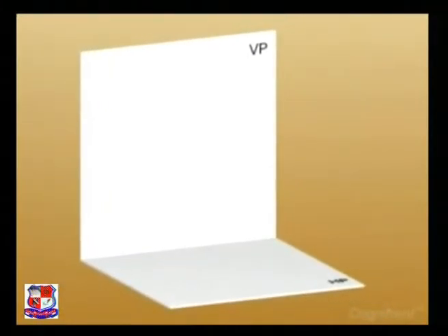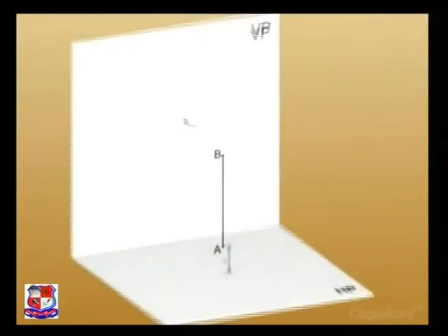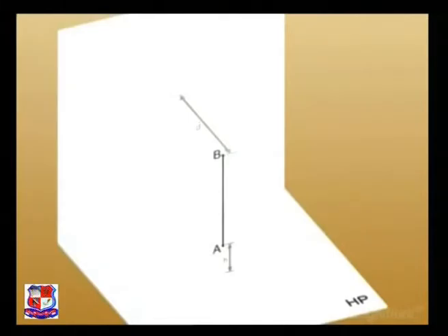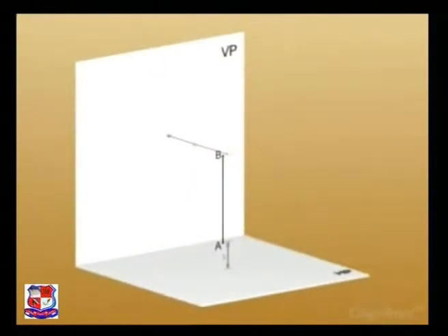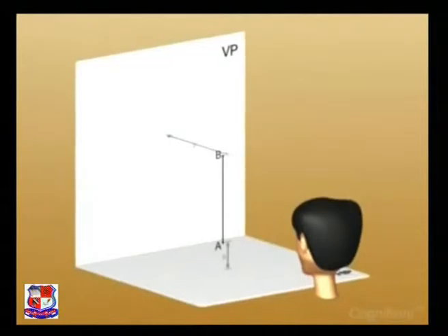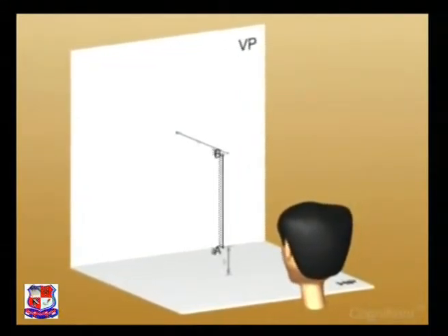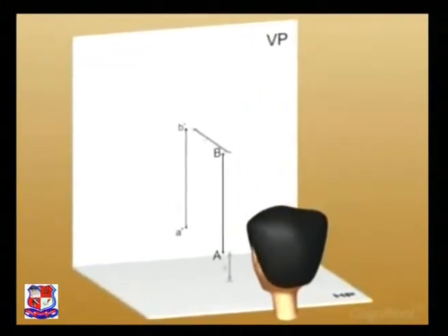So, let's start. A straight line AB is perpendicular to HP and parallel to VP, where the point A is H units above HP and point B is D units in front of VP. Observe the front view of line AB as line A'B'.